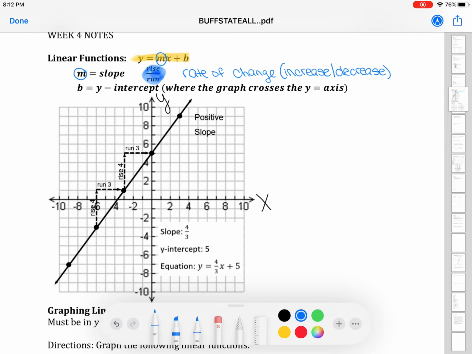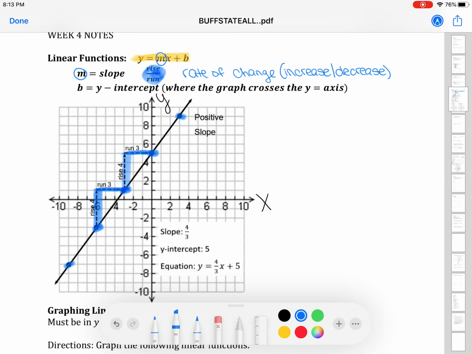So rise is your top number, run is your bottom number, which might not make sense right now, but I'm going to give you an example, and hopefully that'll help make sense of this rise over run idea of rate of change.